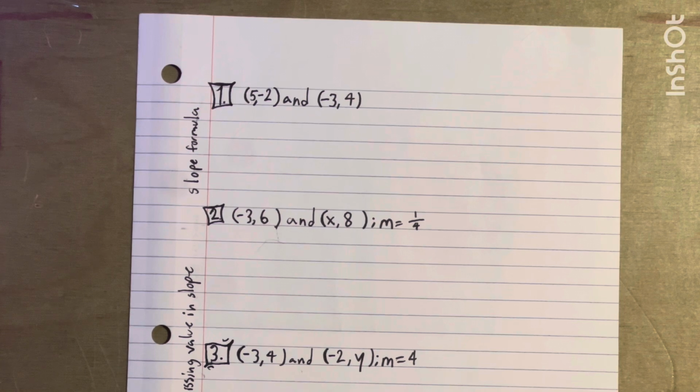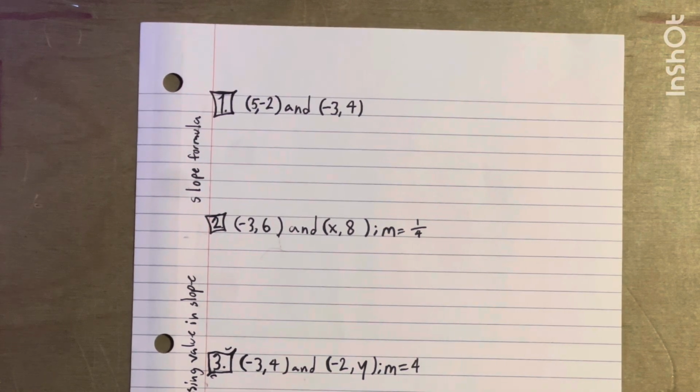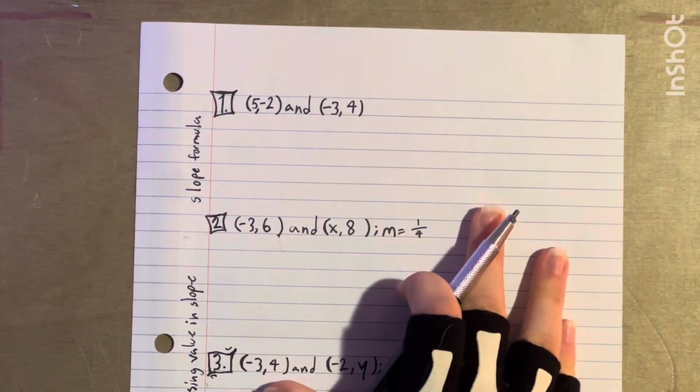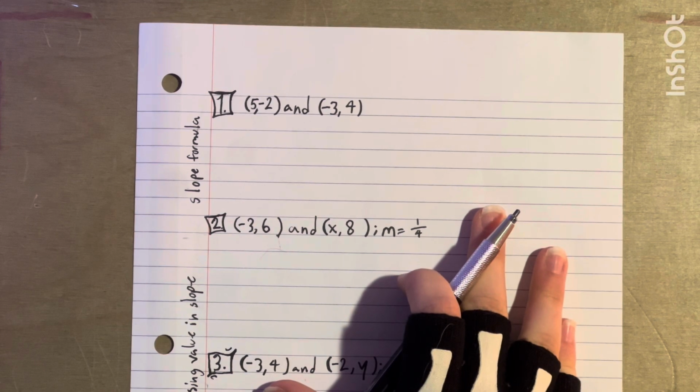Today I'll be showing you how to find missing values in slope, but first you must understand how to work through slope formula. So you see these, and you need to figure out how to find m.